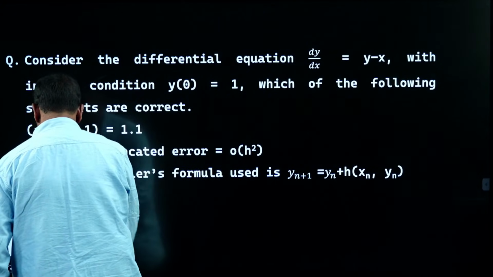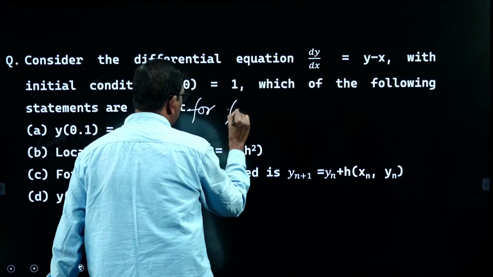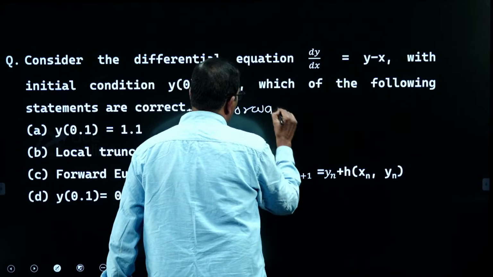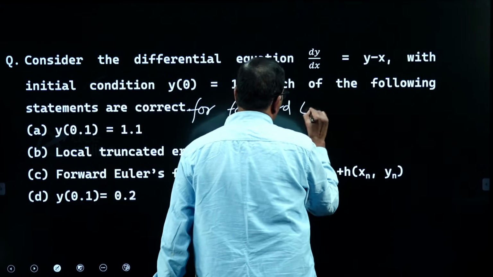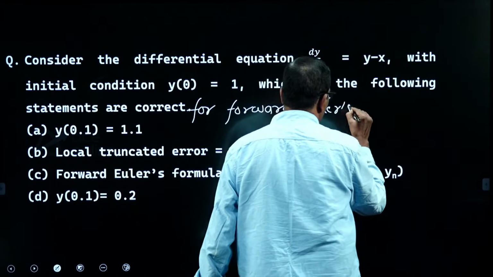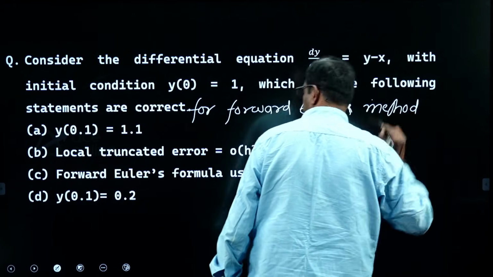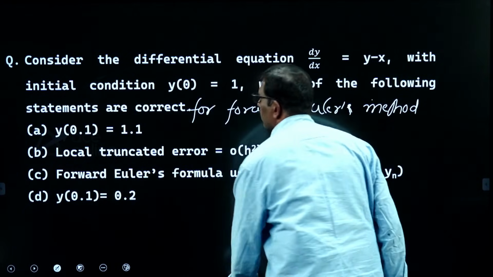I will write that: which of the following is correct for forward Euler's method? It was actually there, but there was a typo error. I am adding that.